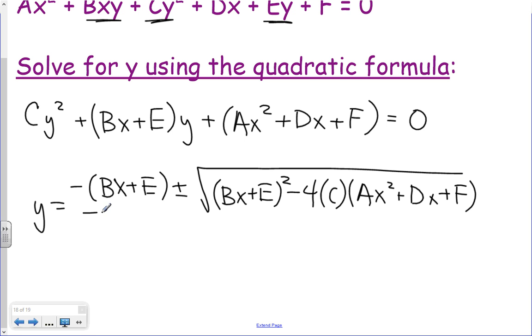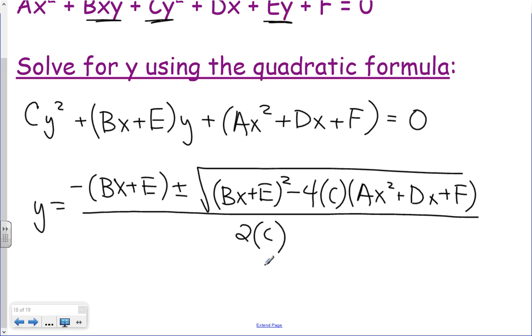And that all is divided by 2 times the leading coefficient, 2 times c in this case.